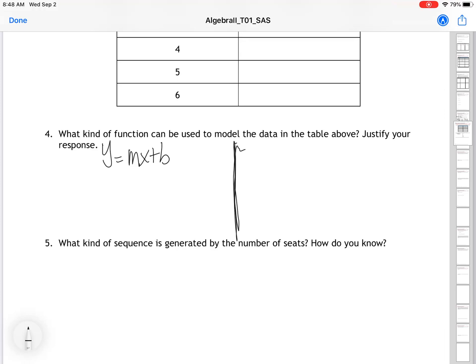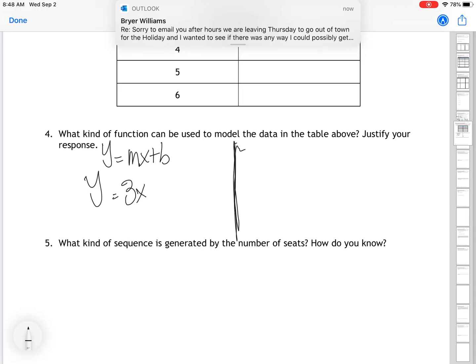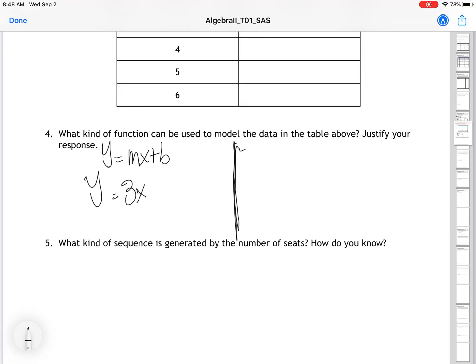In other words, how many times is it going up? It's going up 3. Our common difference is 3. Okay? So we're first saying y equals 3x. Okay? Now b is normally used for the y-intercept.